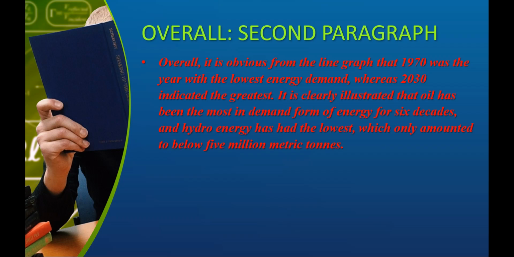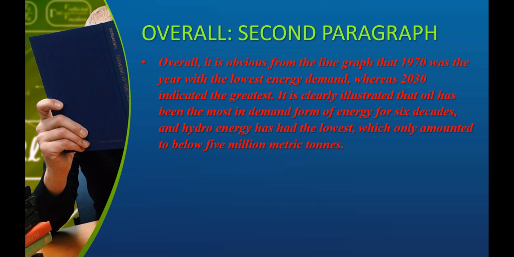So overall, you need to start your overview second paragraph. Overall, it's obvious from the line graph that 1970 was the year with the lowest energy demand, whereas 2030 indicated the greatest. It is clearly illustrated that oil has been the most in-demand form of energy for 6, again you can write miscellaneous, various, variegated decades, and hydro energy has had the lowest, which only amounted to below 5 million metric tons.